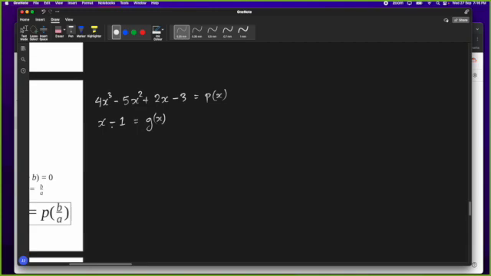And instead of doing the long division, I know my remainder and factor theorem. The remainder theorem says that if I take g of x and put it equal to 0, then I could find what x is. x is equal to 1.